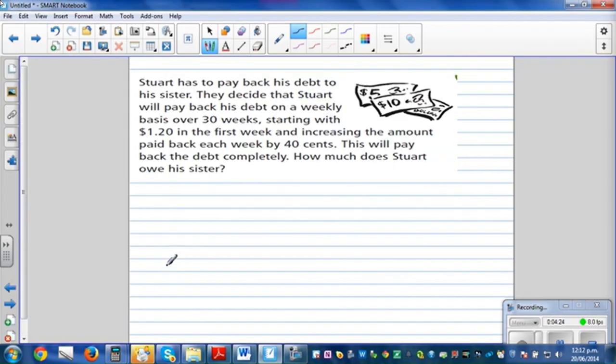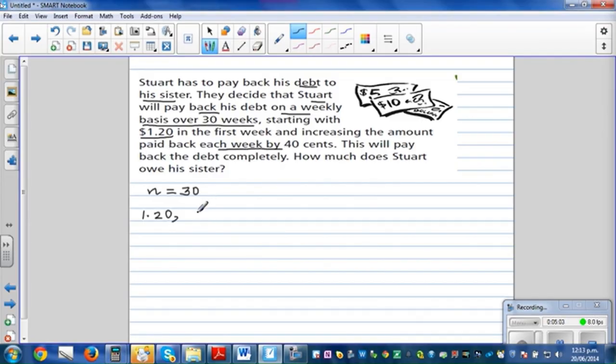Okay, so let's look at one more question. Stuart has to pay back his debt to his sister. They decide that Stuart will pay back his debt on a weekly basis over 30 weeks. So n is clearly 30. Starting with $1.20 in the first week, and increasing the amount paid back each week by 40 cents.